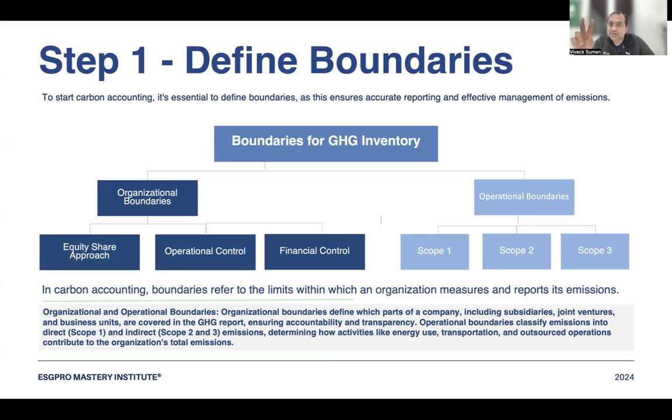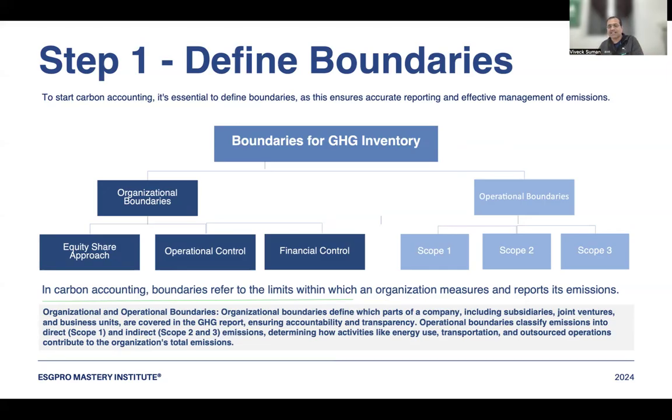Operational control approach, which is based on the vision and mission of the company and how they operate. And financial control. Clear? These are the 3 ways through which you set the organizational boundary. And based on whatever data you have collected and calculated, you know which you need to report and which you should not report.